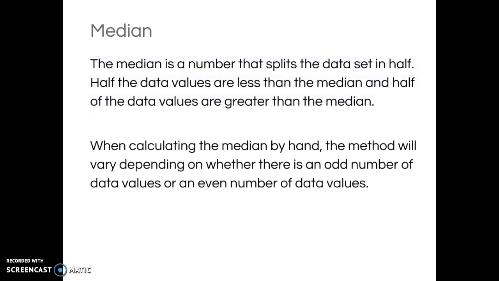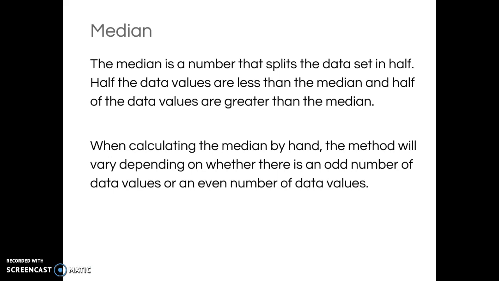All right, on to median. The median is the number that splits the data in half. So half the values in the data set are more than the median, and half of the data values are less than the median. And when we calculate the median by hand, the way we approach it is going to change depending on whether we have an odd number of data values or an even number of data values.